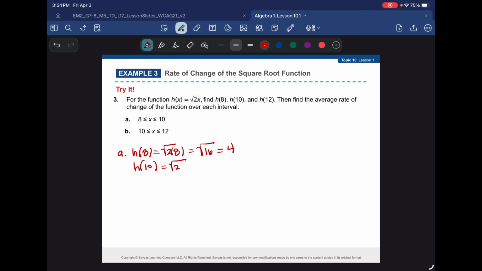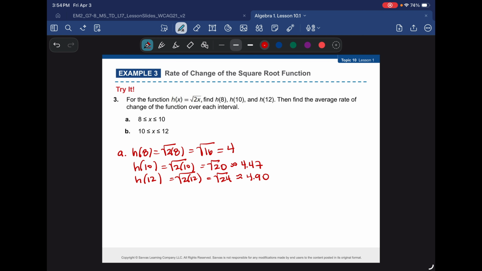So 2 times 10 is the square root of 20, and we can get approximate values for that. It's approximately 4.47, and h of 12, substituting in again, 2 times 12 is the square root of 24, and another approximate value is 4.90.